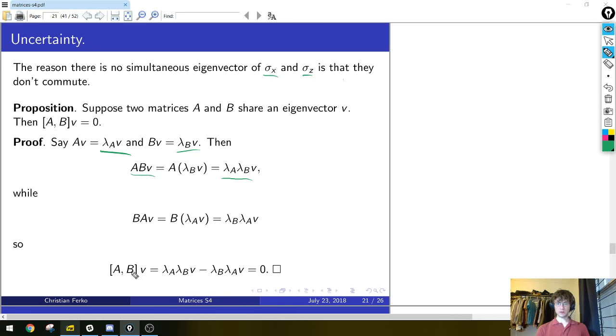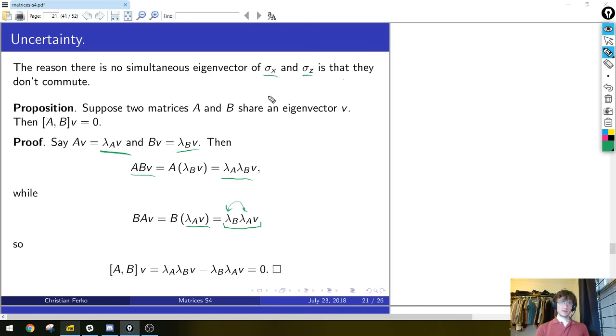If we go in the other order, it doesn't matter, because A on v is lambda a v and B on v is lambda b v, so this gives us the same thing, because although matrices don't commute, multiplication by scalars, just regular numbers, certainly commutes. So the commutator of A and B on v is simply lambda a lambda b v minus lambda b lambda a v, which is 0.